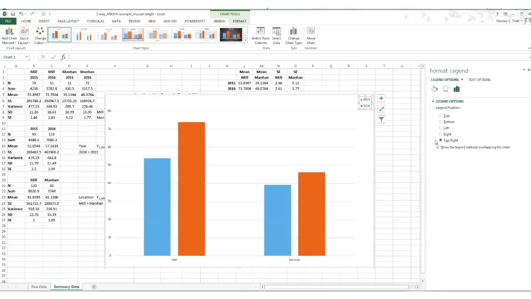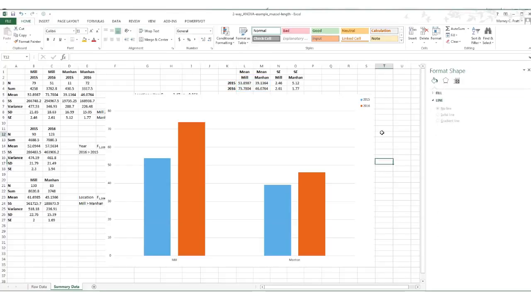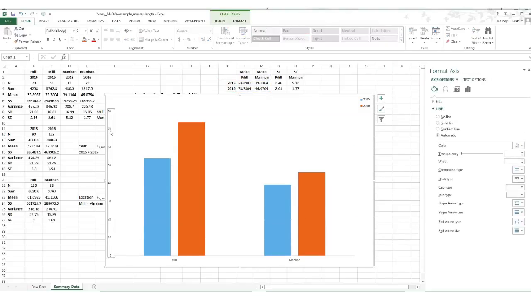Top right. I like to get rid of the line on the outside, the border, I usually get rid of that. So there's no line around this box. Get rid of these grid lines to make it a little cleaner. Add a solid line, kind of a medium gray.